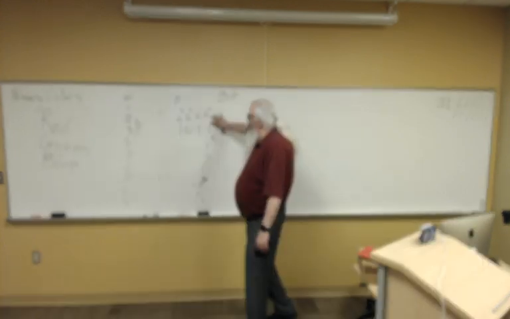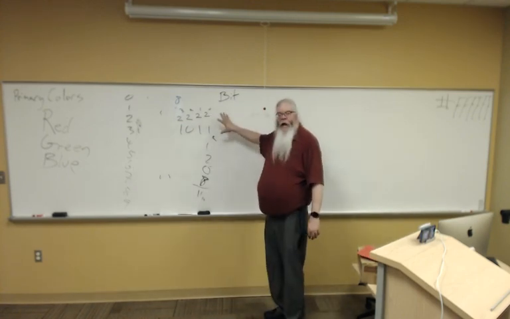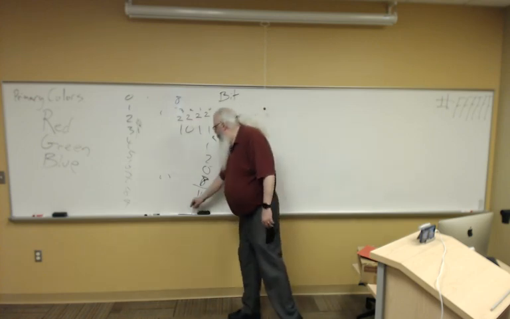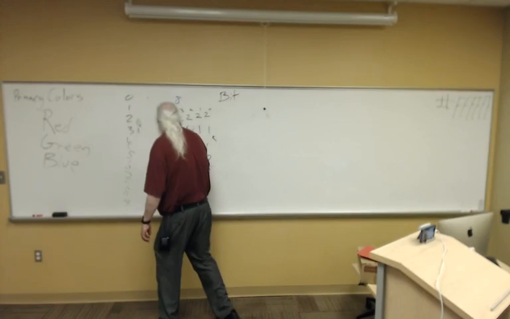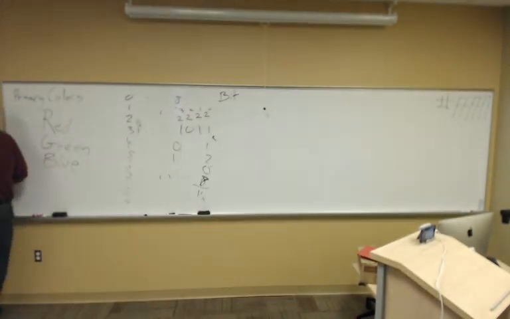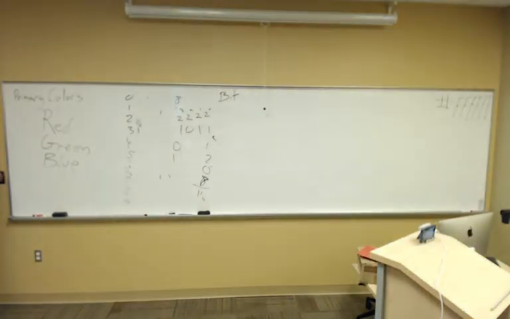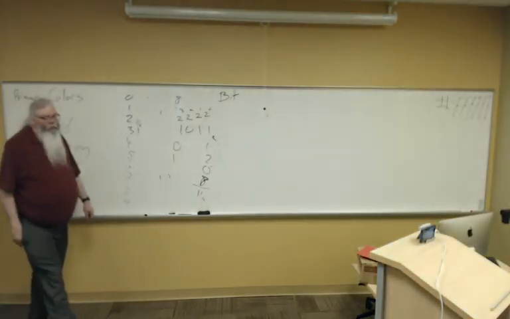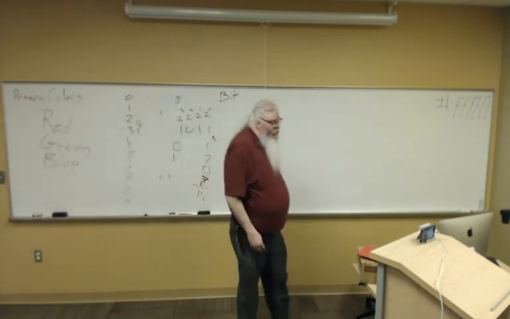So base 2 does happen in nature all the time. And if you look at what the components are of base 2, it's 0 and 1, which is the same as these, on and off, on and off. 0 and 1, true and false.